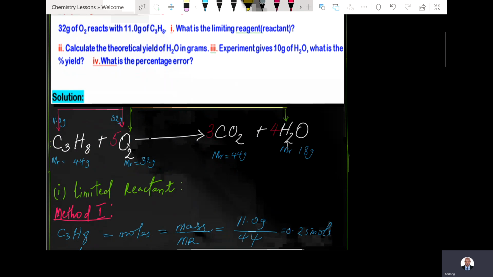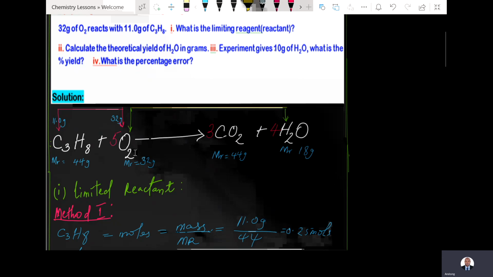So the first method is, if 5 moles of oxygen were completely used up to produce 4 moles of water, then 1 mole of oxygen that was given in our reaction, that is 32 divided by 32, will give how many moles of water?